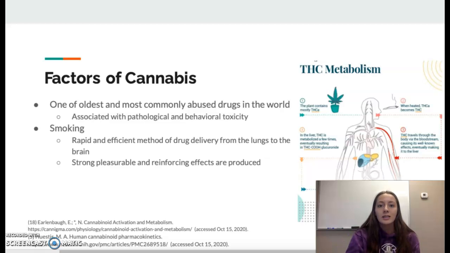Intense, pleasurable, and strongly reinforcing effects may be produced due to the almost immediate drug exposure to the central nervous system. So it's very rapid.